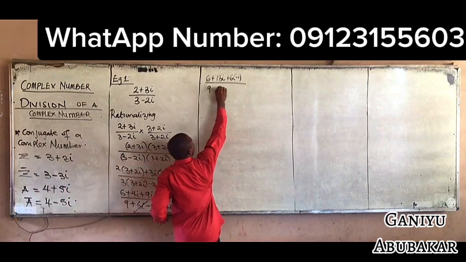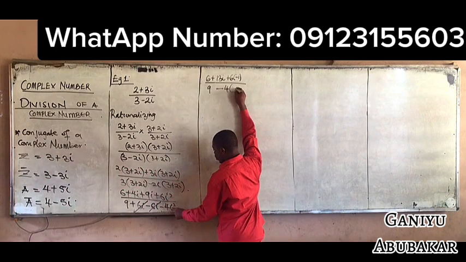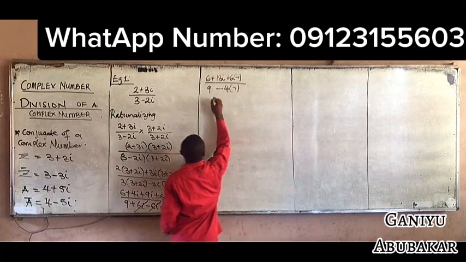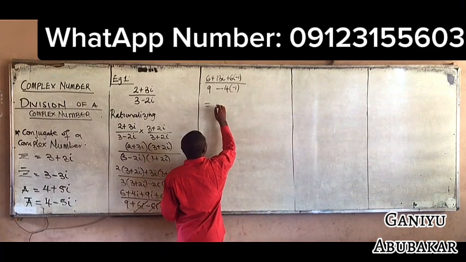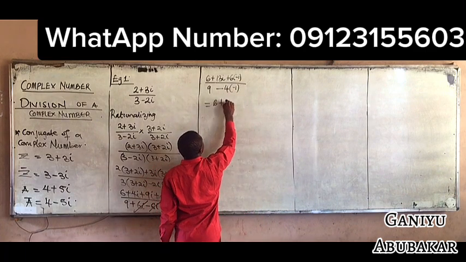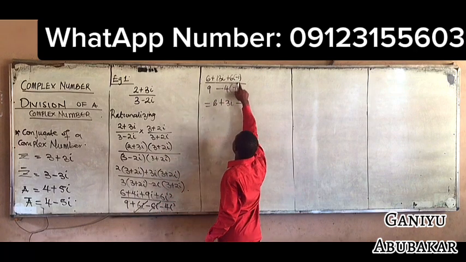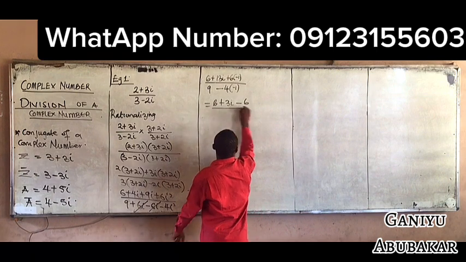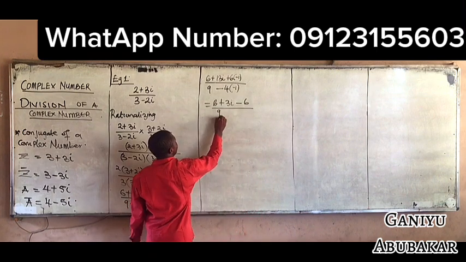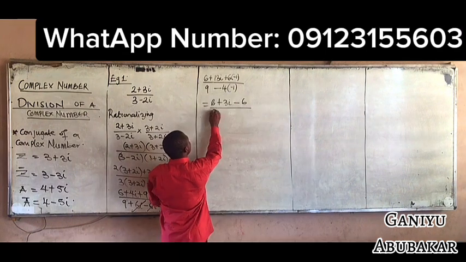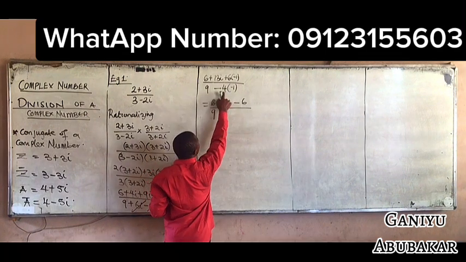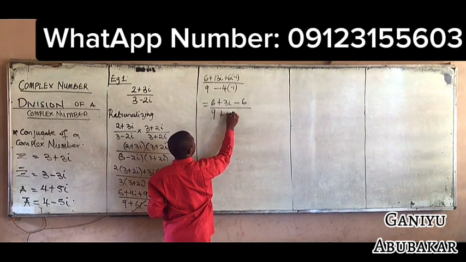And look at what? Minus 4i squared, of course, minus 1. Answer here, please. I'll have 6 plus 13i minus 6. Of course, plus 6 times minus 1 becomes minus 6. All over 9 minus 4 times minus 1 becomes plus 4.